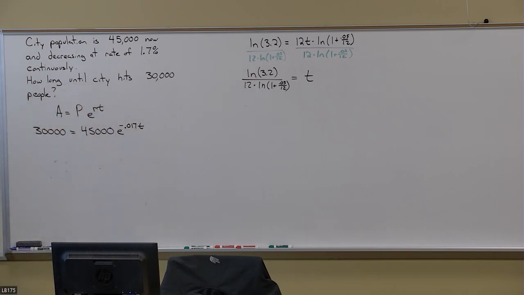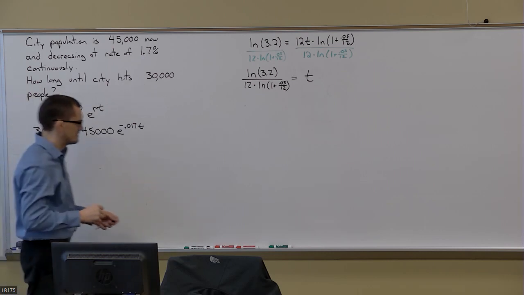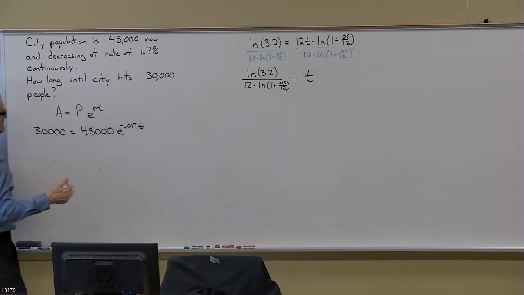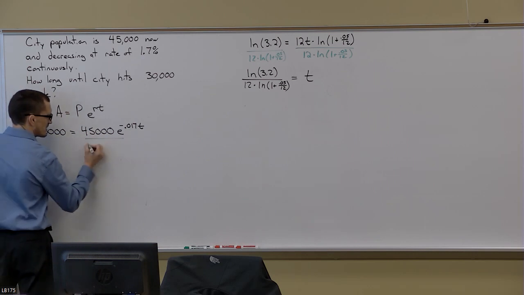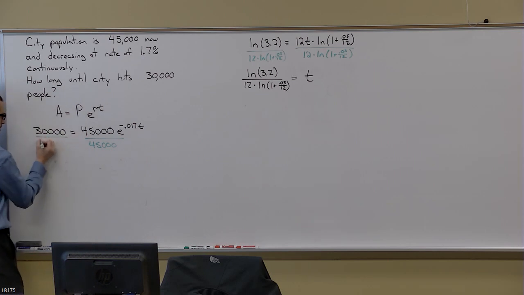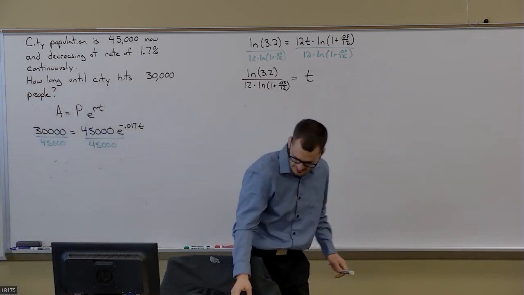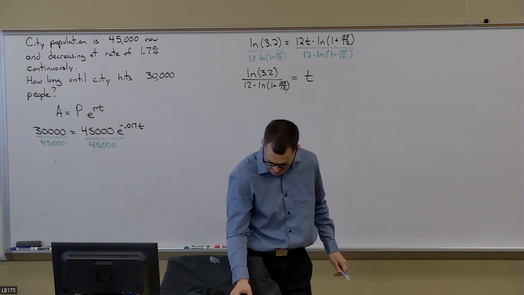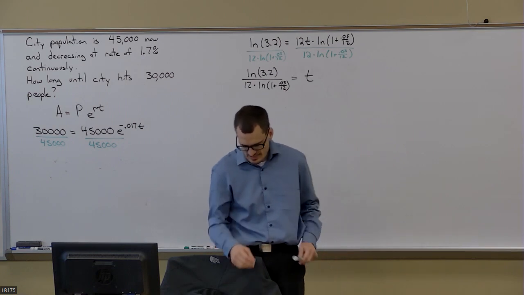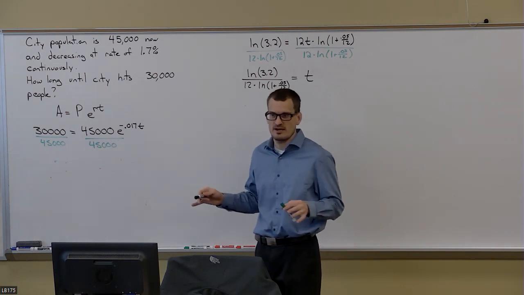Remember, decreasing is a negative R. Once I've set this up, I solve it in the exact same way I did before. I take 30,000 divided by 45,000. That's actually 2/3. I'm going to keep it at 2/3 so I don't have to round right now.